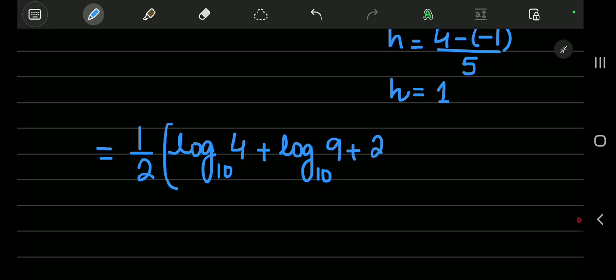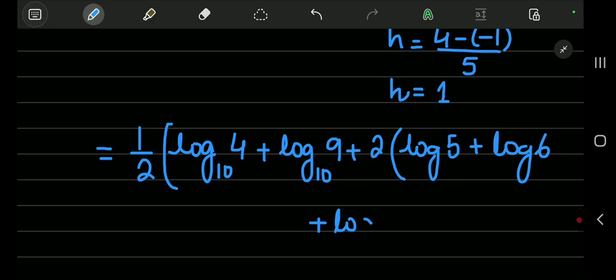plus 2 times the rest of the values: log of 5 plus log of 6 plus log of 7 plus log of 8.